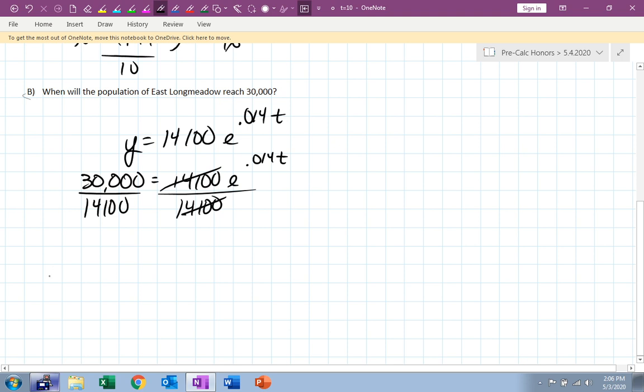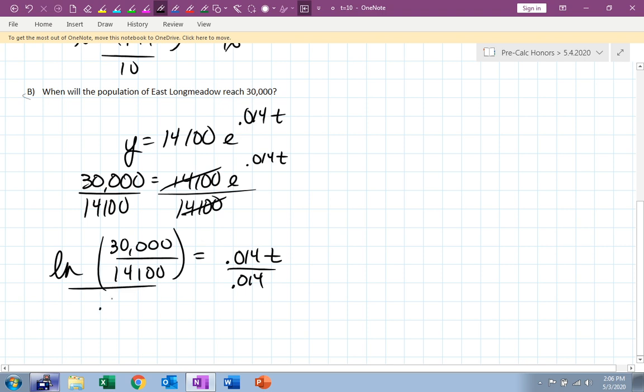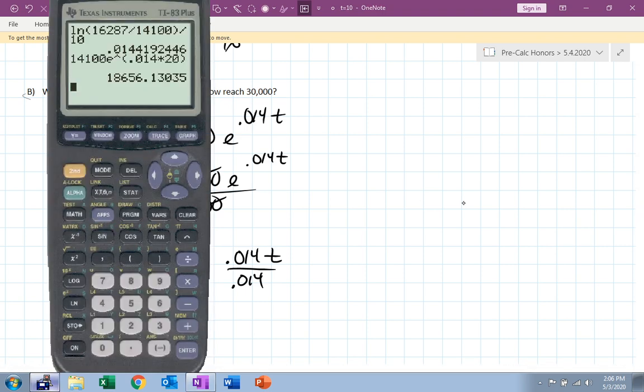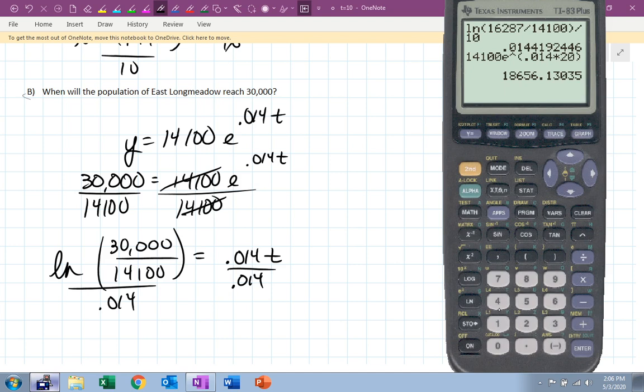So you get that crazy decimal, but we're going to have to ln it to get that exponent down. And divide both sides by 0.014. And then grab the calculator. ln of 30,000 divided by 14,100, divided by 0.014.